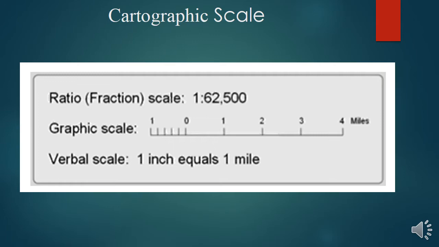A graphic scale, which has typically a bar with the distances indicated along that line. Sometimes you'll see this called a linear scale or a bar scale. And then you'll see a verbal or written scale where it will state quite simply like that, written out, 1 inch equals 1 mile, or whatever the variations might be.